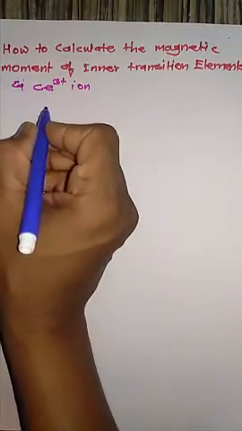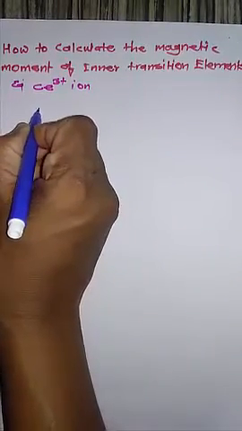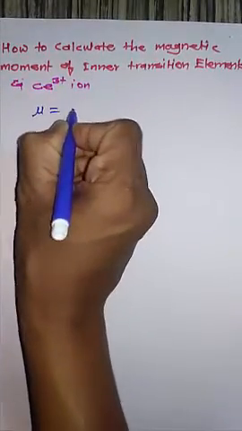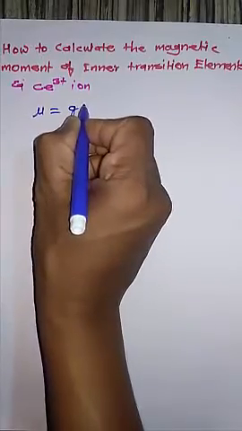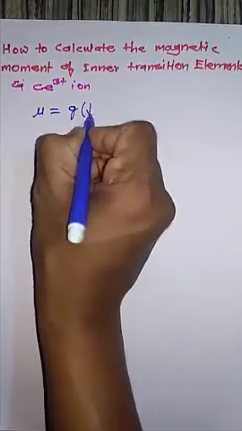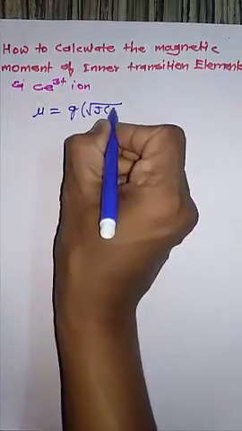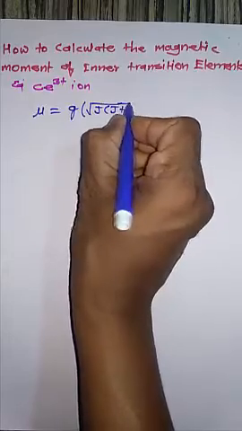For calculating the magnetic moment of inner transition elements, we have the formula mu is equal to g into root of J into J plus 1.